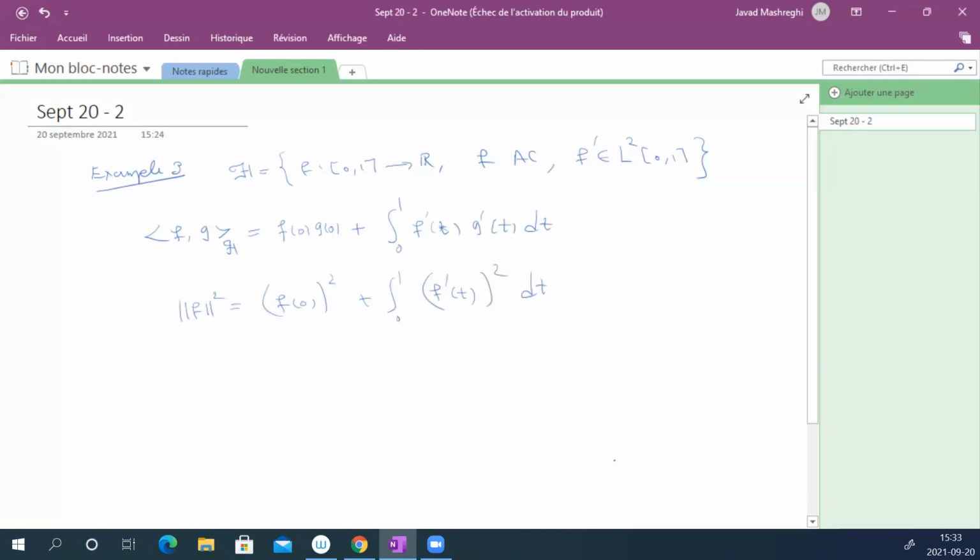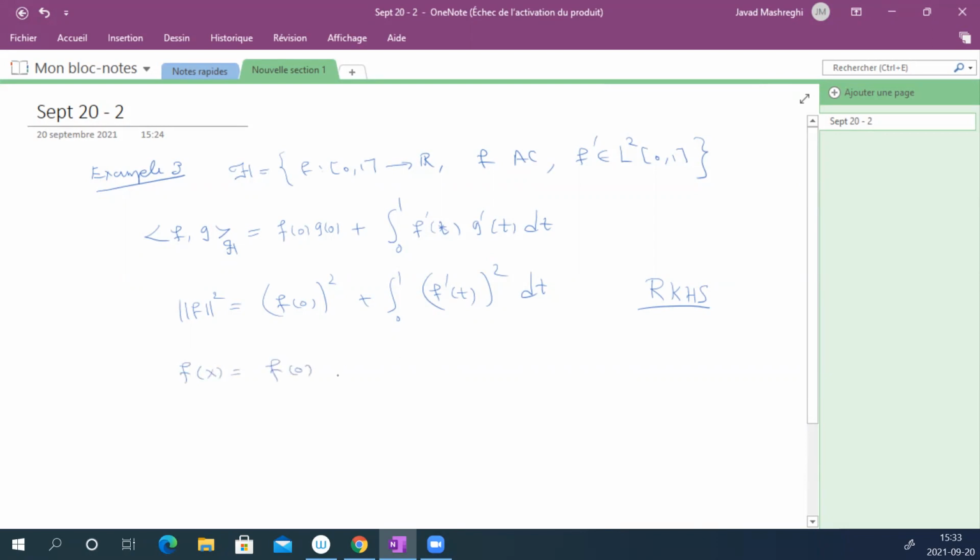Precisely as before, we can show that it's complete, everything is going well, and at the end of the day we have an RKHS, so the evaluations are continuous. And even in this case we have the representation.